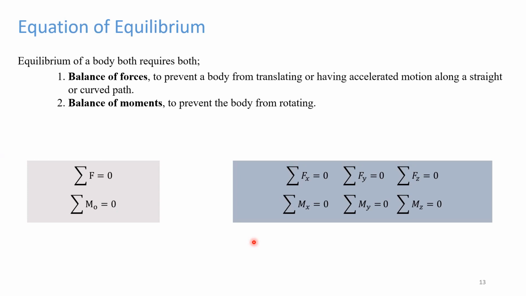Now we come to the equations of equilibrium. The equilibrium of a body requires both balance of force and balance of moment, to prevent the body from translating or having accelerated motion along a straight or curved path, and to prevent the body from rotation.